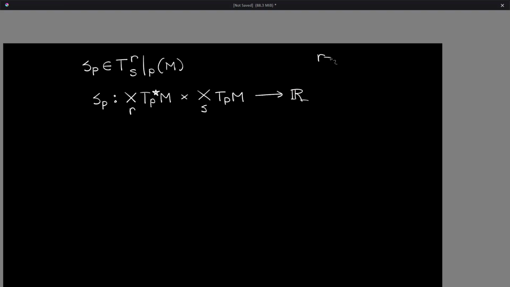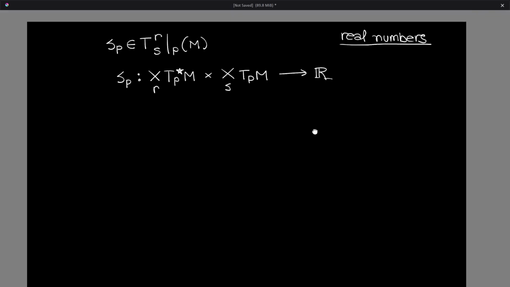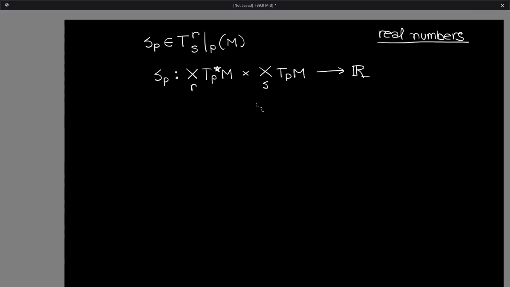So we're going to be starting off with real numbers right now. Everything we're talking about applies to real numbers. We're going to build up to complex differential forms in a little bit.